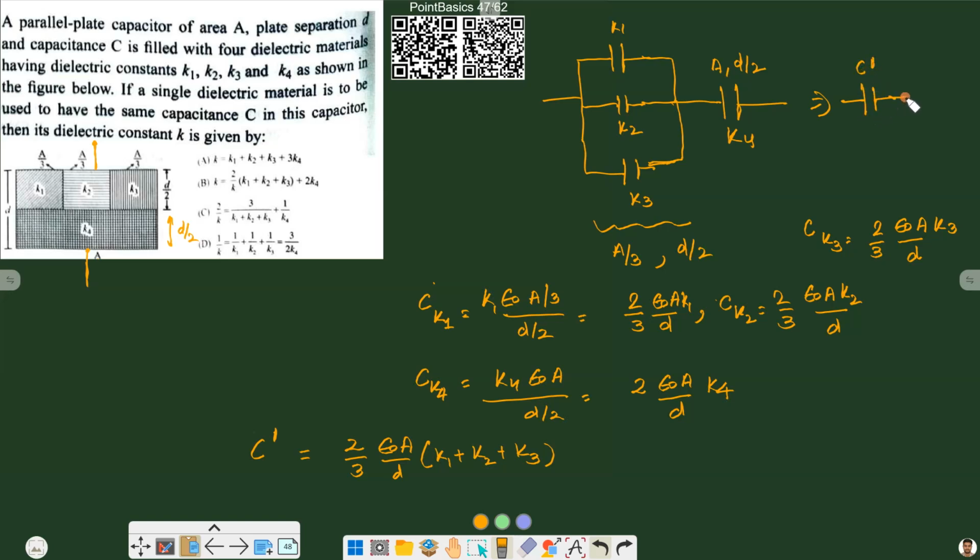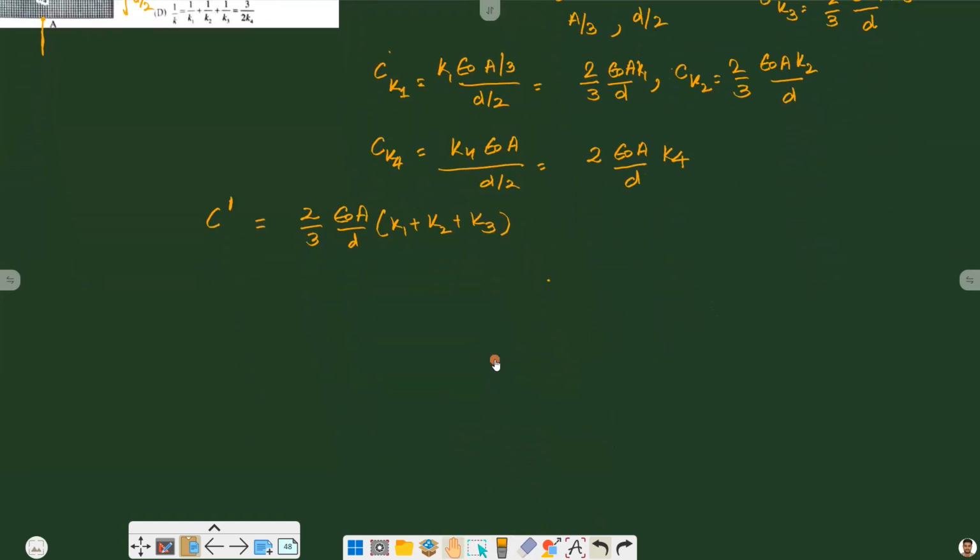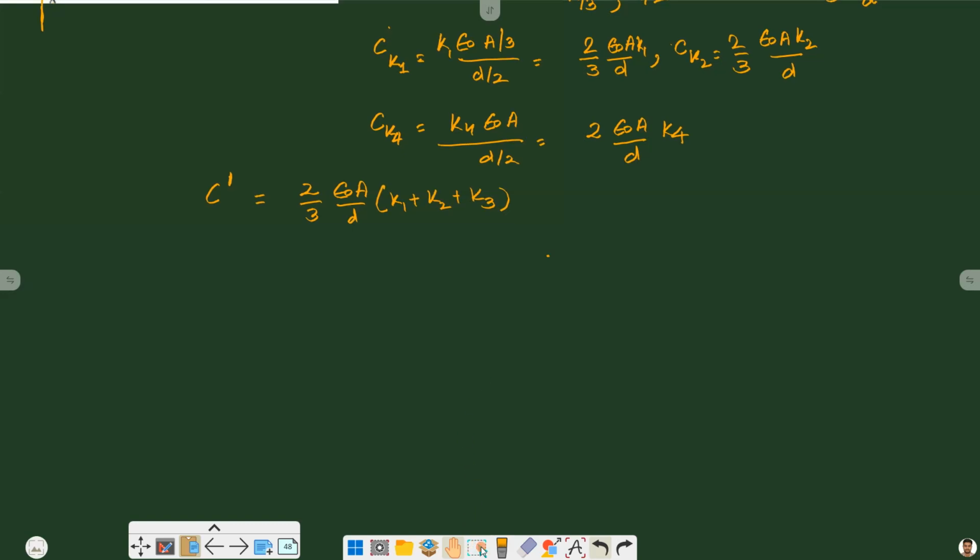C dash and K4. Now this C dash, which is the combined sum of K1, K2, K3, is in series with the capacitor having dielectric material K4. As they are in series, we will add them in inverse. So let's say the final capacitance is CF.